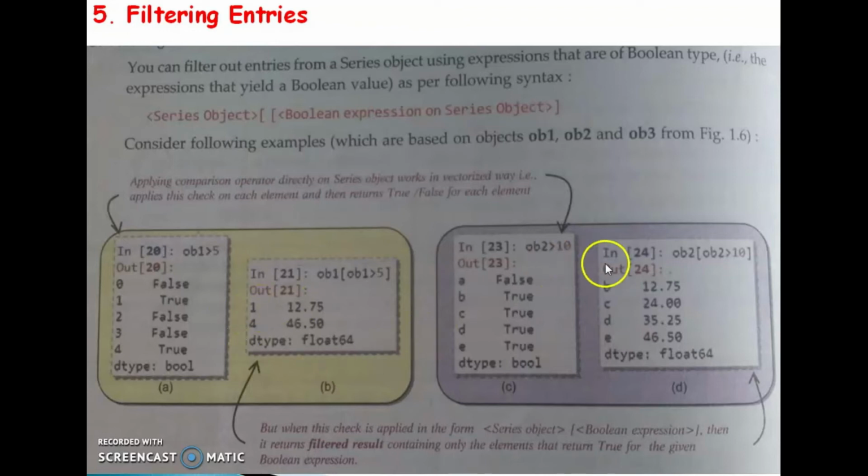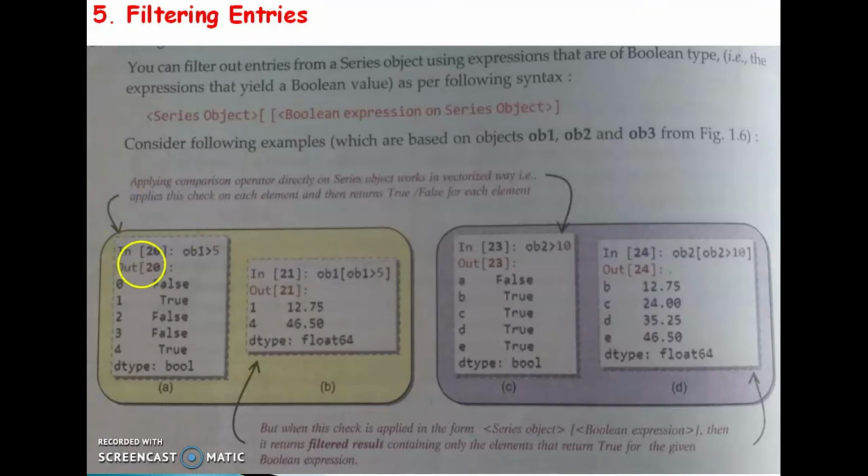Consider these examples. Here, applying a condition operator directly on a series object works in a vectorized way. We can apply this comparison operator directly on the series object, and it works in a vectorized way.